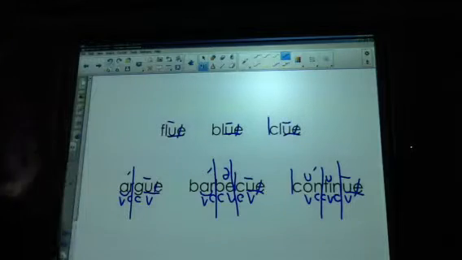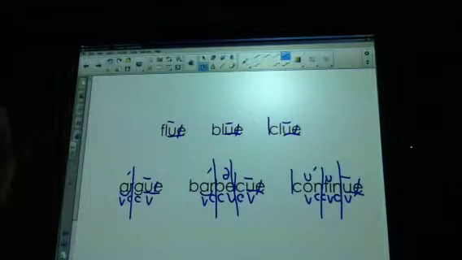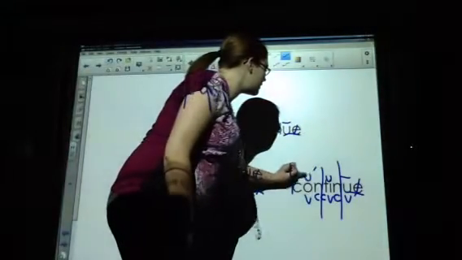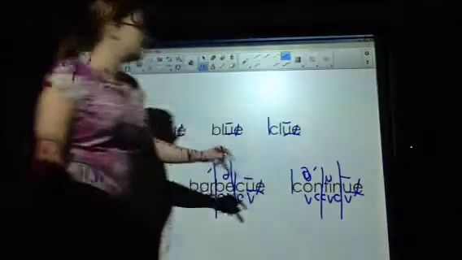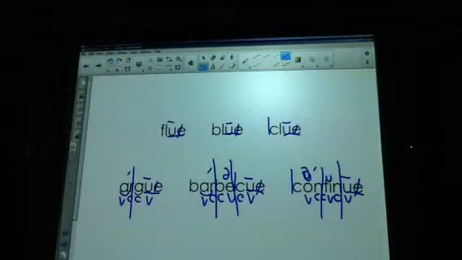Put a schwa on the O. Schwa on the O? Is that the only thing I'm changing right now? How do you say that word, Jaden? Continue. Okay.